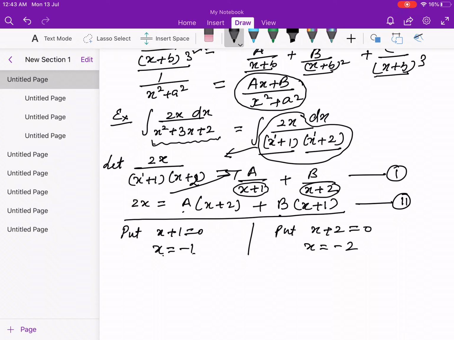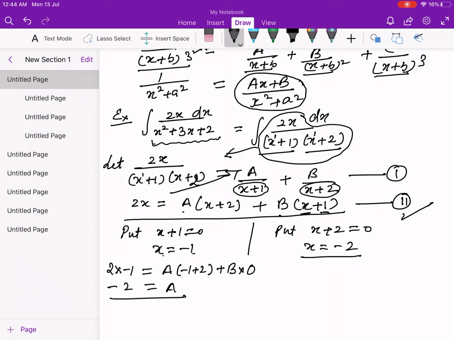Put x equal to minus 1 in the second equation. So 2 into minus 1 equals a into minus 1 plus 2 plus b into minus 1 plus 1, which is 0. So minus 2 equals a, that is, a's value is minus 2.